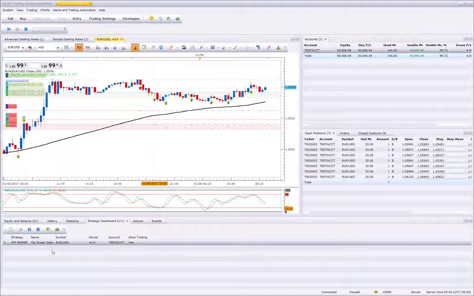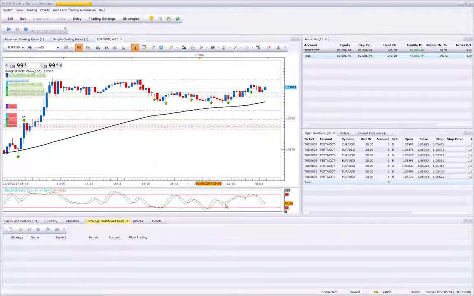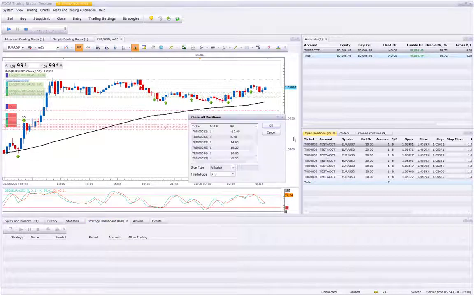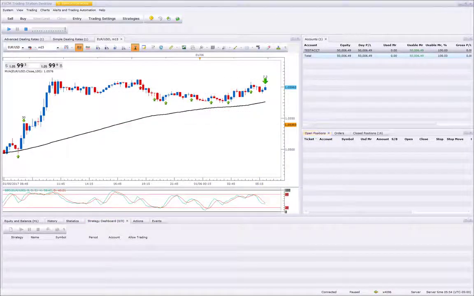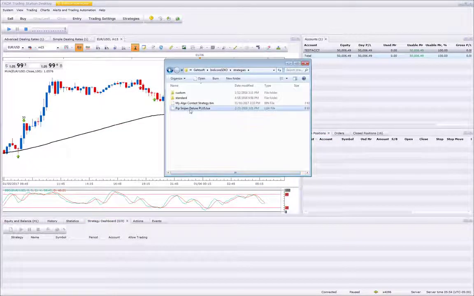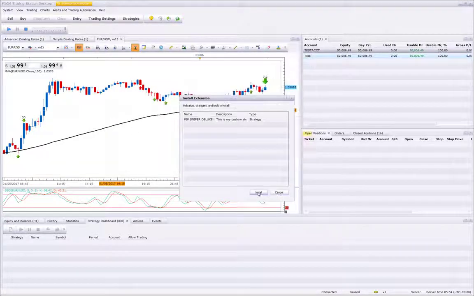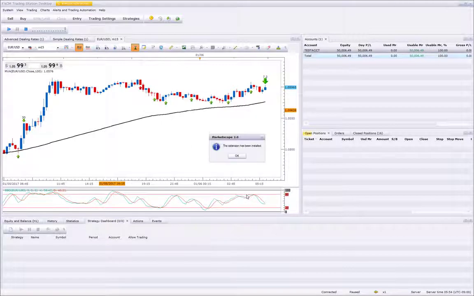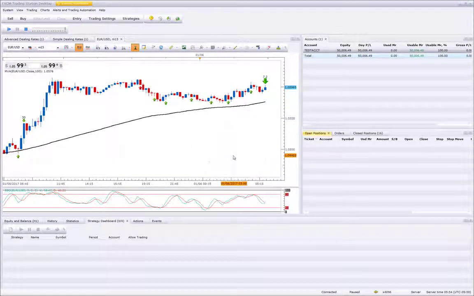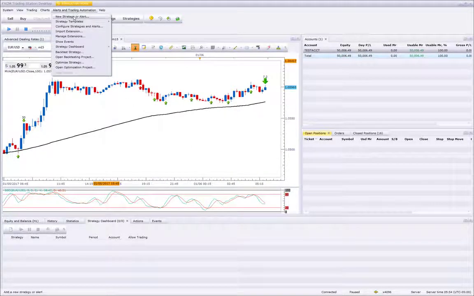So we're going to stop this strategy. Let's go ahead and close out all of these open trades. We then want to add the newly updated strategy to our chart by dragging and dropping. Install, replace. And now let's turn on the strategy.